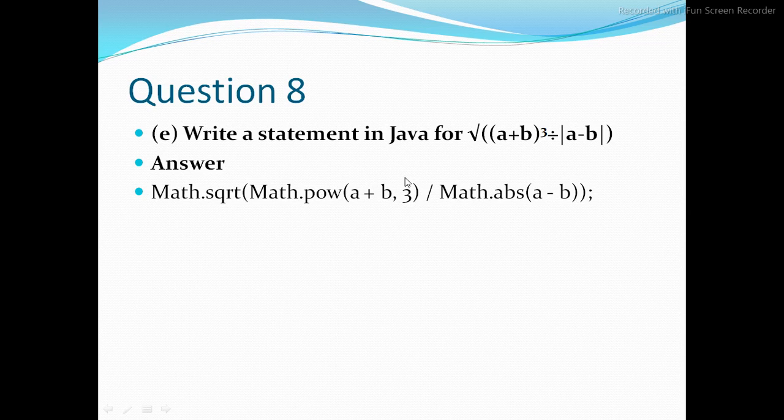Write a statement in Java for square root of (a plus b) whole cube divided by (a minus b). What will be the answer?